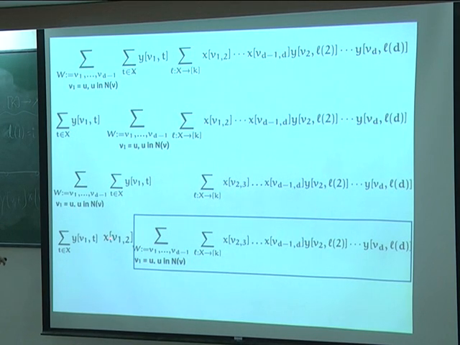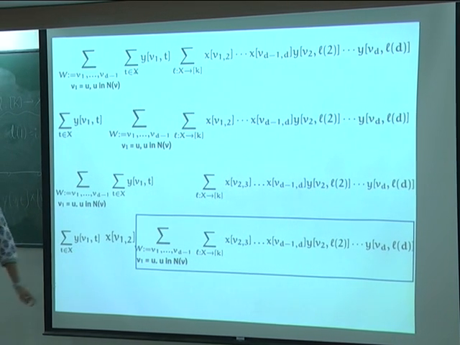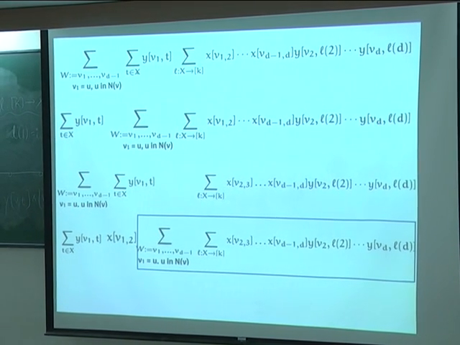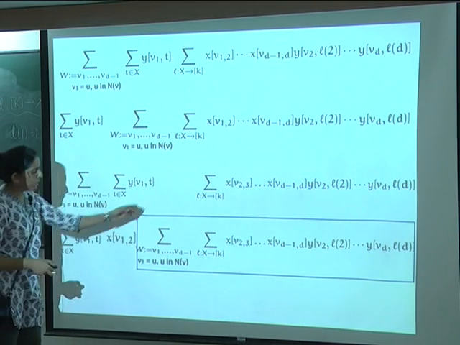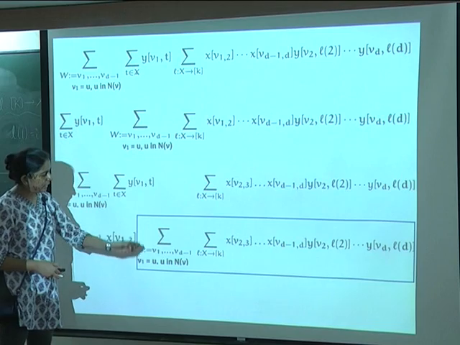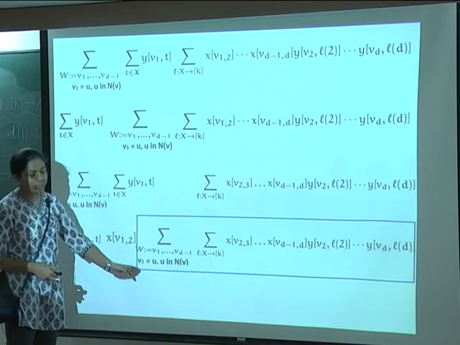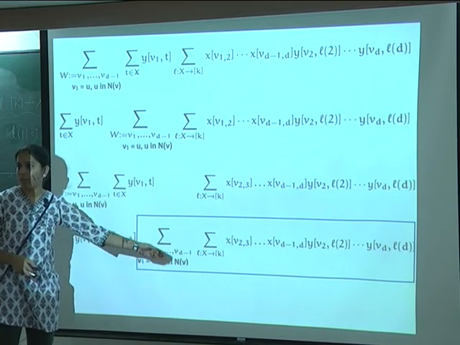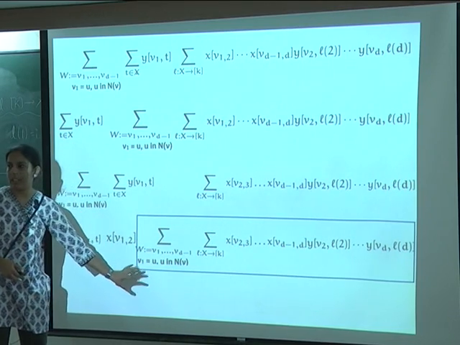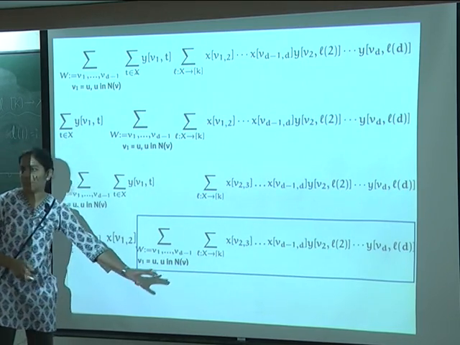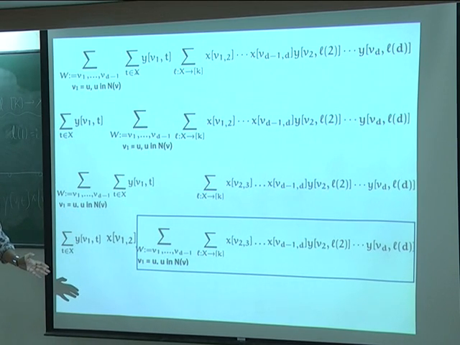You can just sum this over all U in the neighborhood of V. So now this sum is over all walks, so for all choices of U in the neighborhood of V, all walks of length D minus 1, right? So there's now an additional layer of sum because you're doing it for all neighbors of V as well.